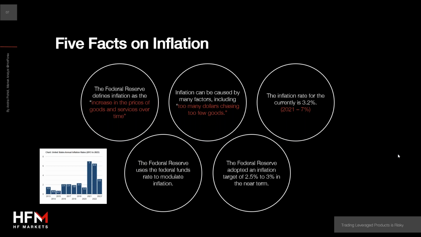Fourth fact, an interesting fact about inflation. The Federal Reserve uses the federal funds rate to modulate inflation. That was actually a result from an analysis made by the balance.